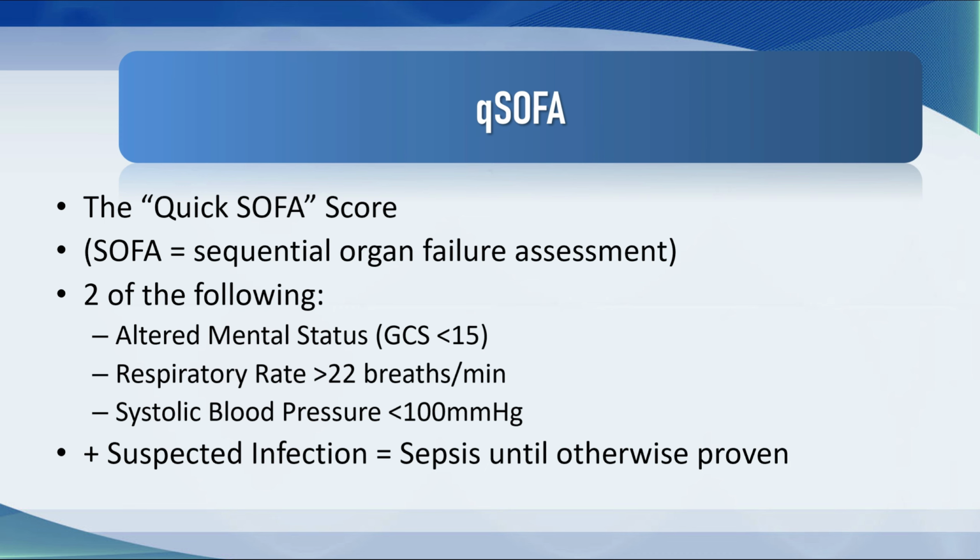So 2 of these plus a suspected infection is sepsis until otherwise proven. Unfortunately, not everyone who's septic has 2 of the 3 things, and that's why it has proven to be neither sensitive nor specific, but as a quick rule of thumb, I think it's pretty good.